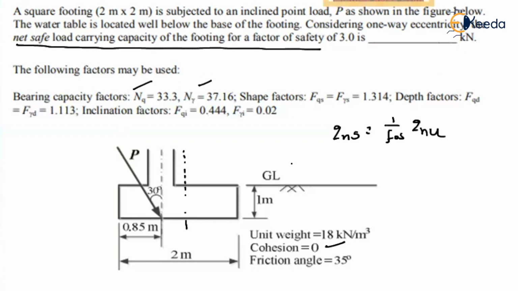If you remember, if it is a square, circular, or rectangle, we consider 1 plus 0.3 B by L or simply 0.3, like that, as shape factors. So here no need to consider that. Why? Because the shape factors are directly given, depth factors are also directly given, and inclination factors are also directly given. So if everything is given, then how can you find out the capacity?